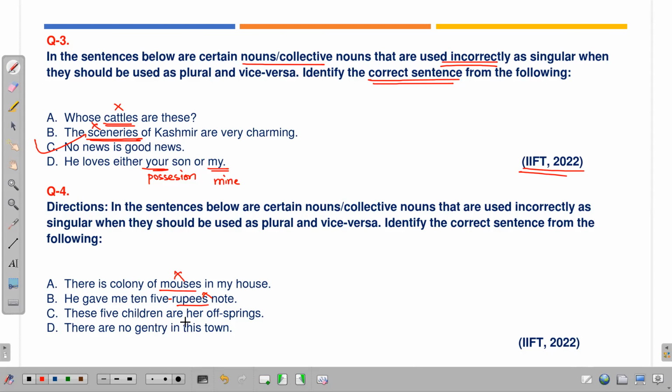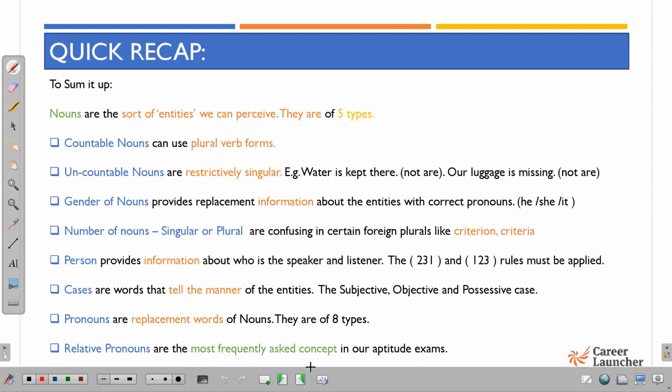These 5 children are her offsprings. Springs. Okay, there are no gentry. Gentry is treated as a collective and therefore singular. So this is wrong. So this should be C. So IFT asking questions on countability, uncountability, and the usage of the nouns. So please do learn the list.